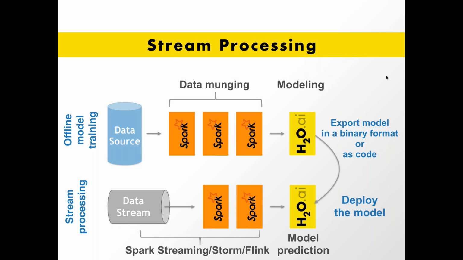And these two model formats don't need the H2O runtime to be available. So it's perfect for deploying H2O models because, for example, on the next part of the slide, we can see that we take the model and we can use it in the stream processing pipeline.